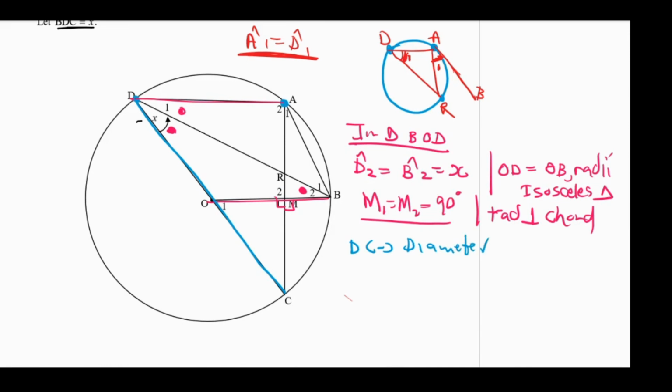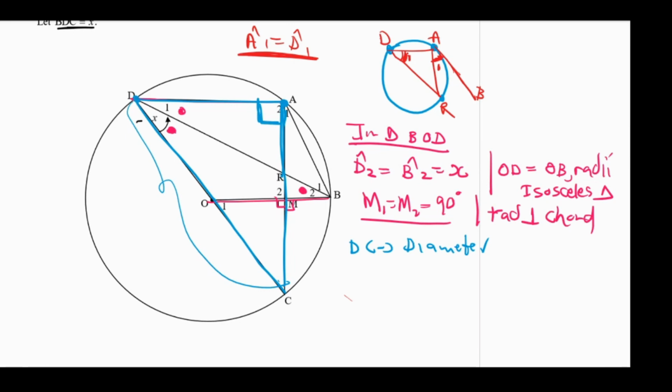right? Why am I saying that? OD is the radius and OC is the radius. So this is a diameter, and this diameter goes to the circumference like this. So if you remember clearly, when you have a shape like this, and this is a diameter, therefore here it's going to be 90 degrees, right?